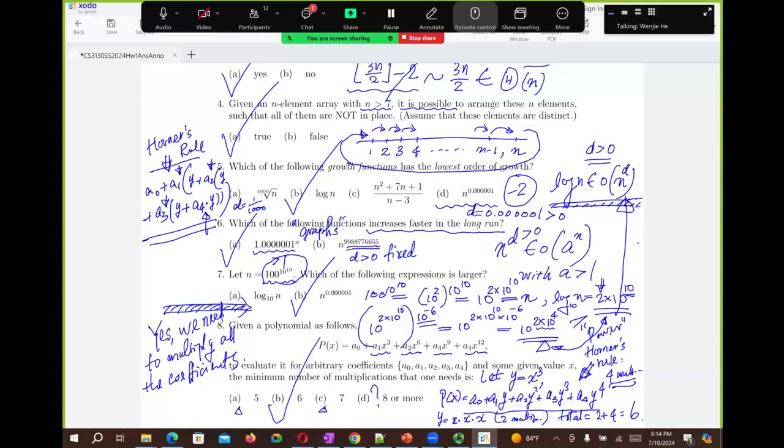Remember we spent a lot of time to derive Horner's rule, right? In class, module 1, we spent a lot of time. After that, when you see a new question, we should not start from scratch each time. We just apply Horner's rule directly, because it's so powerful. So with 4 multiplications you can do all these things.